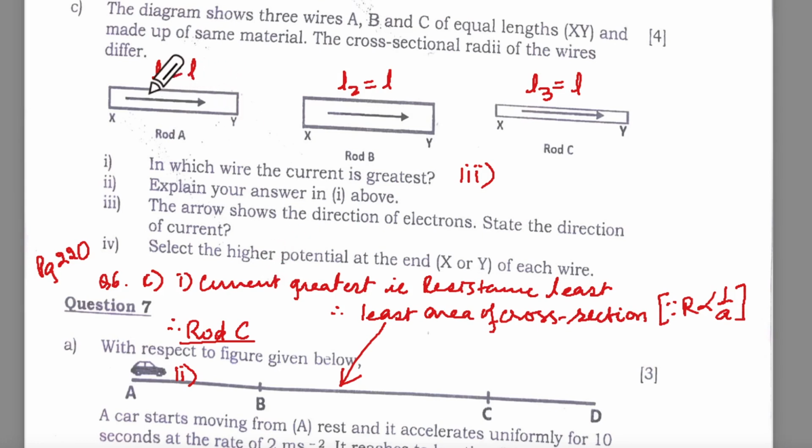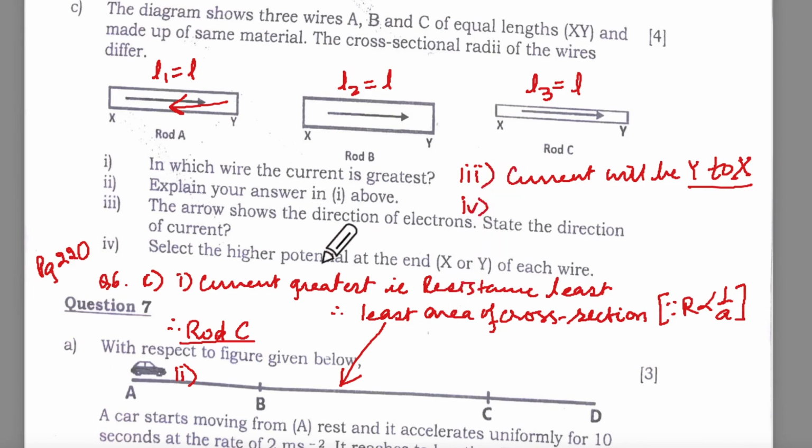If the direction of electrons is from X to Y, the current will be from Y to X. So what will you say? Current will be Y to X. Underline that.